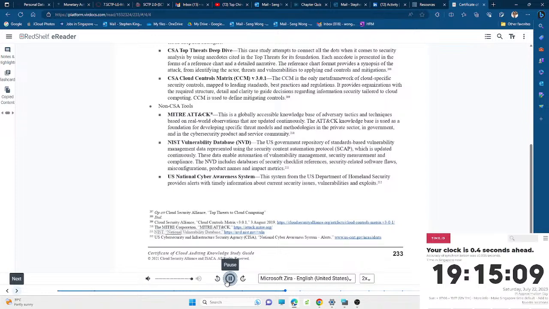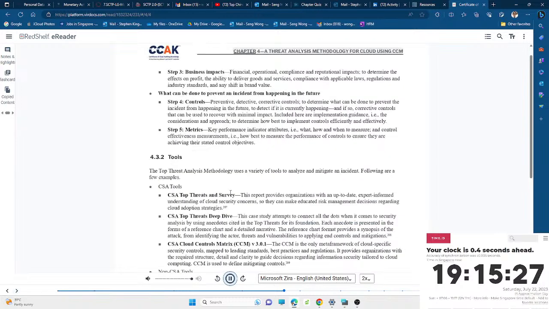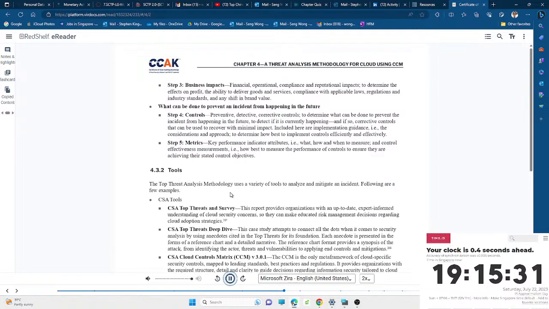NIST, National Vulnerability Database, https://nvd.nist.gov/vuln. 212. U.S. Cybersecurity and Infrastructure Security Agency, CISA, National Cyber Awareness System, Alerts, www.us-cert.gov/ncas/alerts. 233 Certificate of Cloud Auditing Knowledge Study Guide, Copyright 2021 Cloud Security Alliance and ISACA. All rights reserved. Chapter 4 Threat Analysis Methodology for Cloud using CCM.